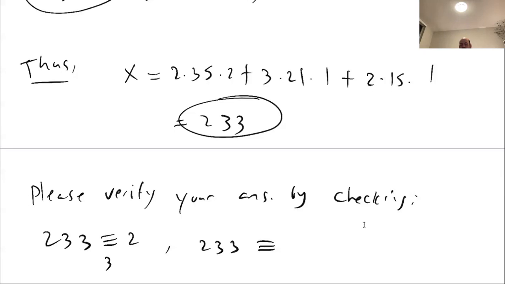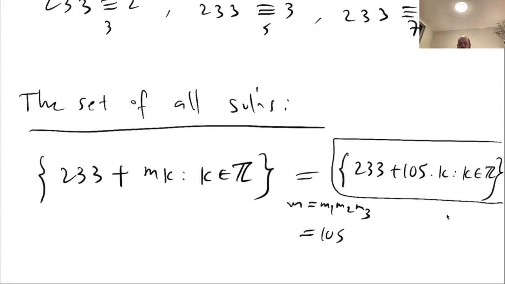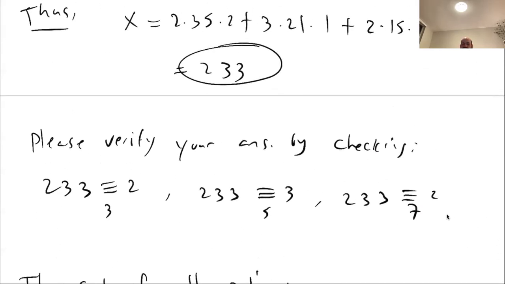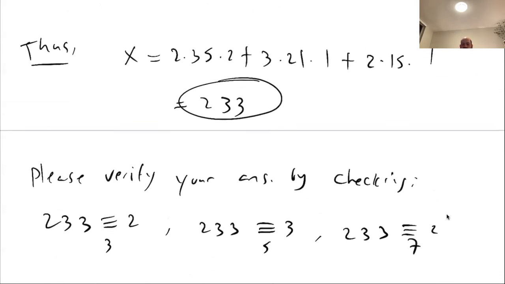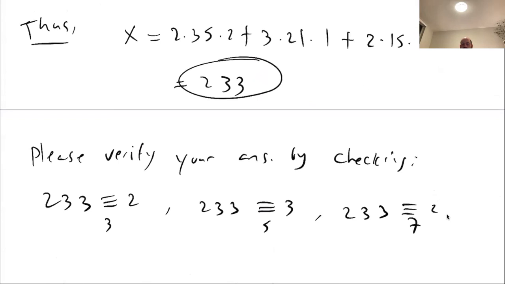So the meaning of the solution being unique mod m means that any other solution can be written as the first solution plus a multiple of m. So one solution is 233, and any other solution can be written as 233 plus a multiple of m, and m in this case is 105. Okay, so we found the solution to be 233.